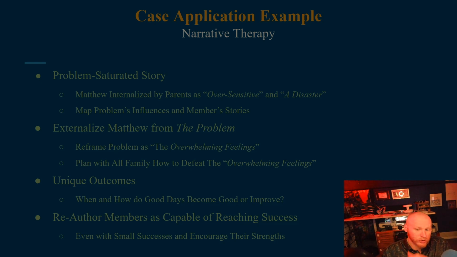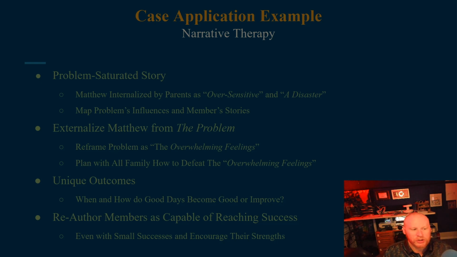So it's almost cyclical, where something that happens with the son can affect the father through the mother, because they're all wrapped up together in this storyline of them all not being able to defeat the overwhelming feelings.